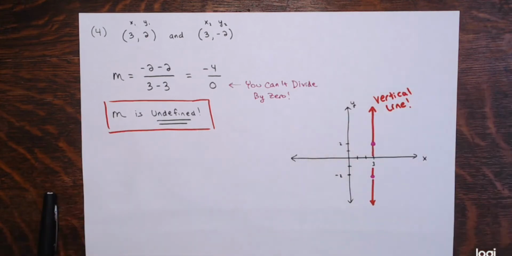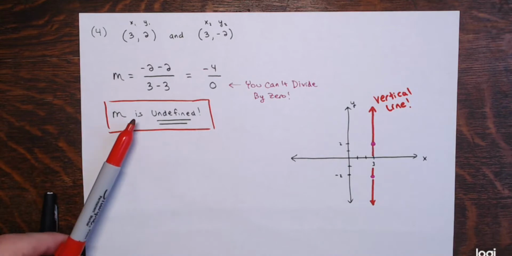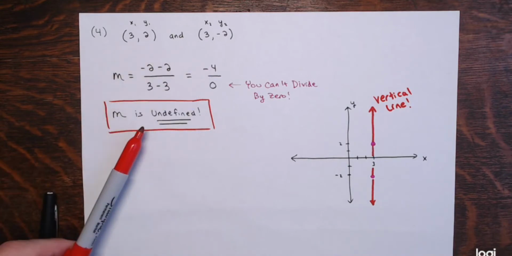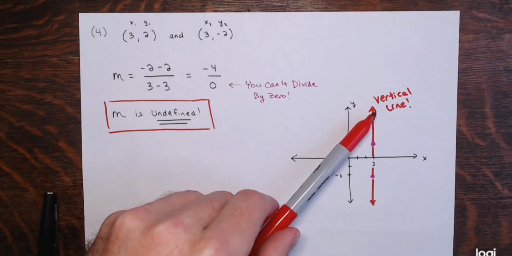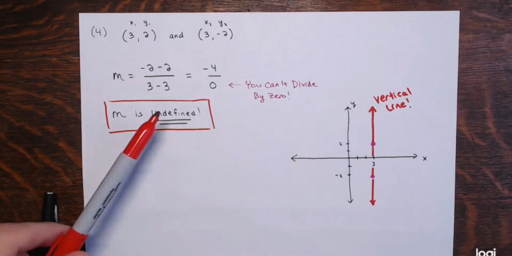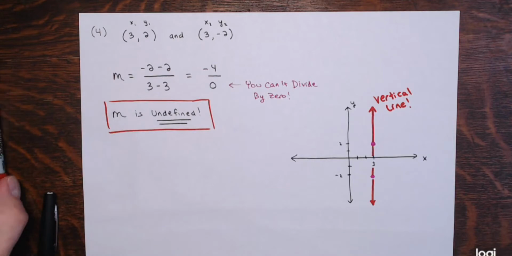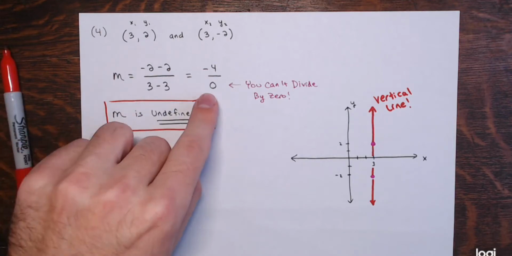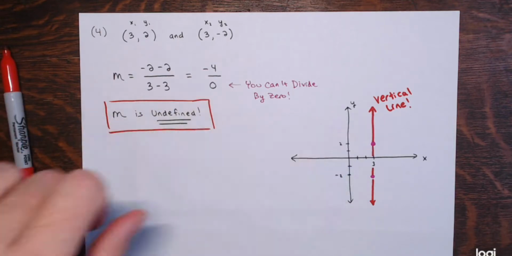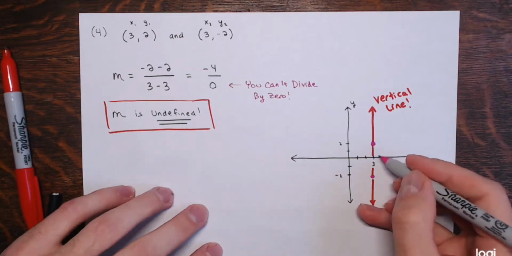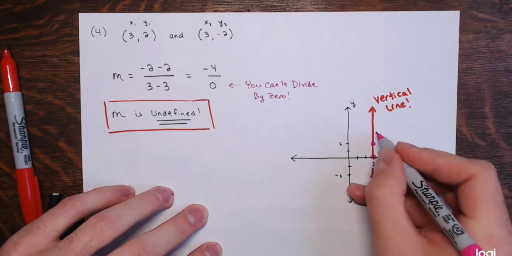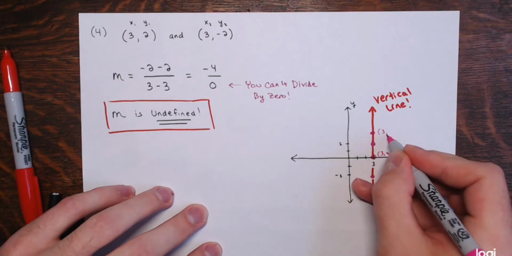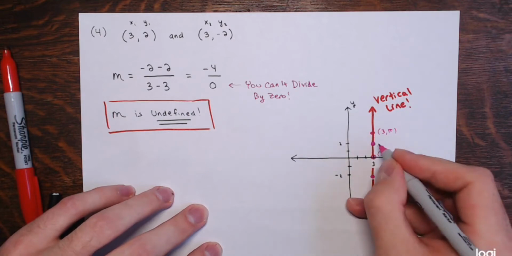Okay. So any line with a slope that's undefined is a vertical line, or they could say a vertical line has an undefined slope because the change in x will be 0 no matter what 2 points you pick, right? Because every single one of these points has an x value of 3, right? There's 3, 0, that's on the line. Here is like, say, 3 pi, that's on the line.